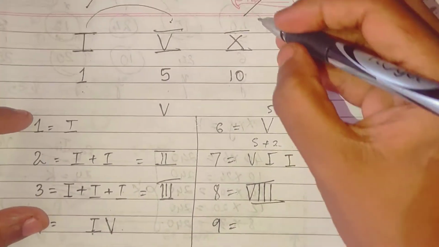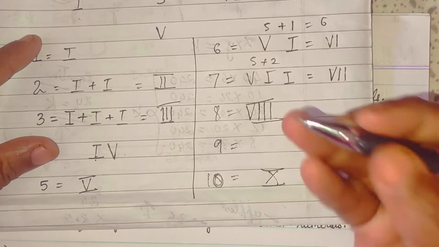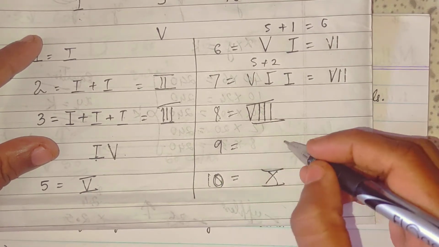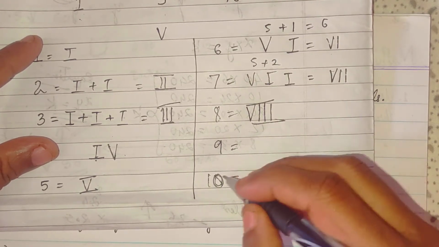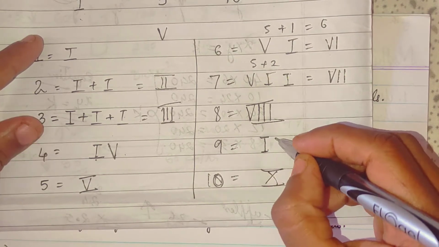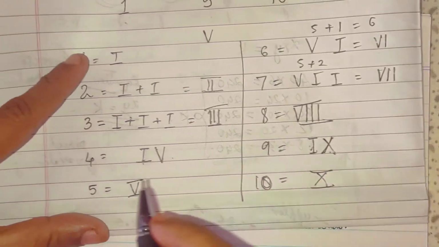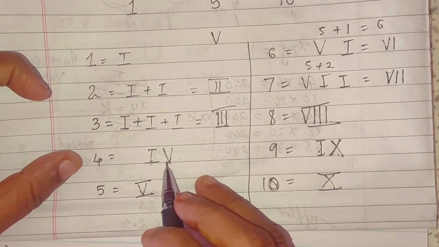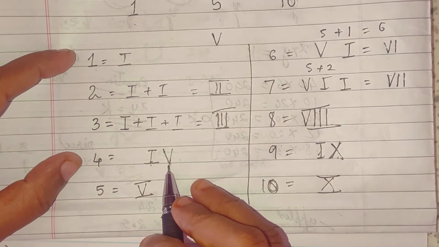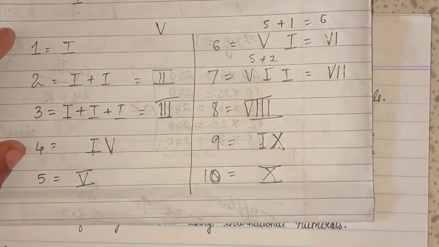For 10 also we know that we have to use X. Before 10 we have to write 9, so 10 minus 1. That means I will come before X. 10 minus 1, 9. Same goes with 4: 5 minus 1, 4. 10 minus 1, 9.